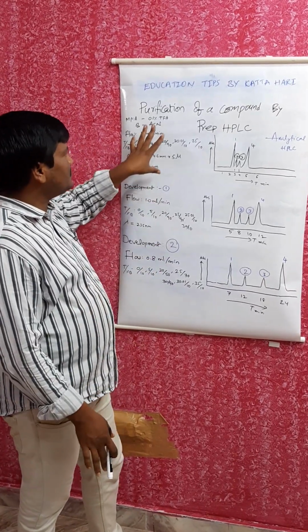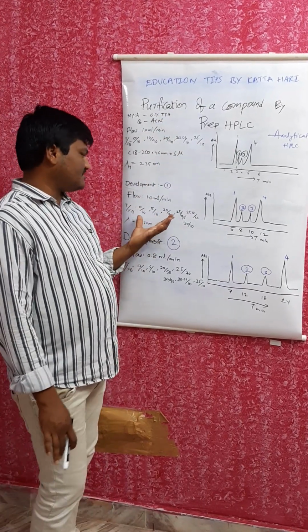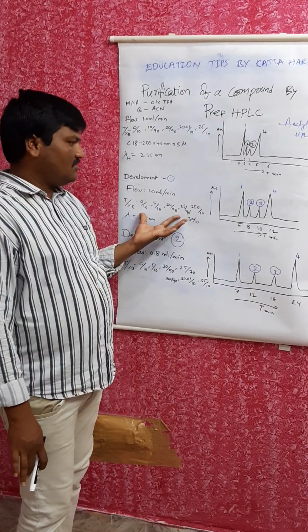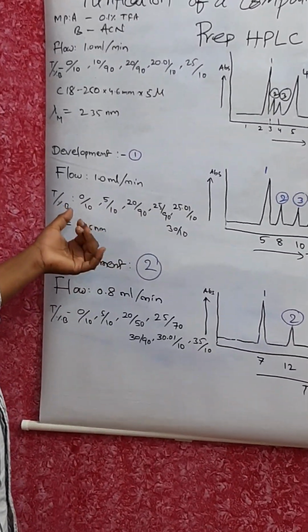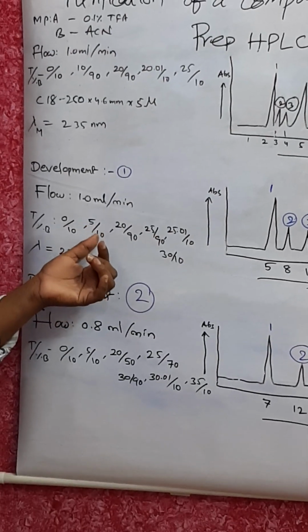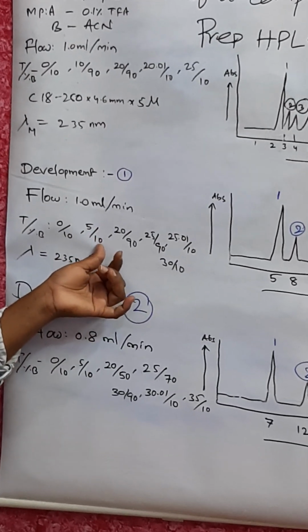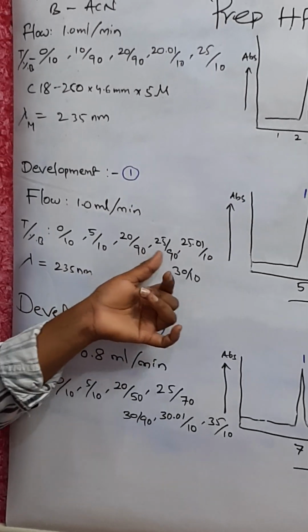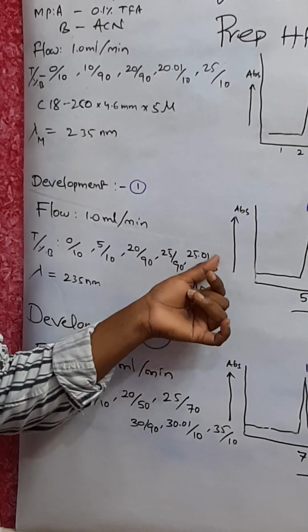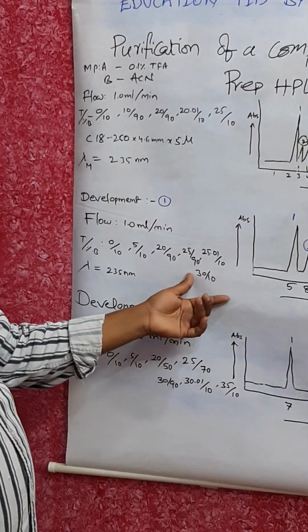First we take the same buffer, same column, and change the gradient. Now I changed the gradient, time by percent B: 0 by 10, an isocratic hold up to 5 minutes, 5 by 10, then the gradient linearly increased to 20 by 90 and 25 by 90, and reverse monitoring 25 by 10 and 30 by 10.